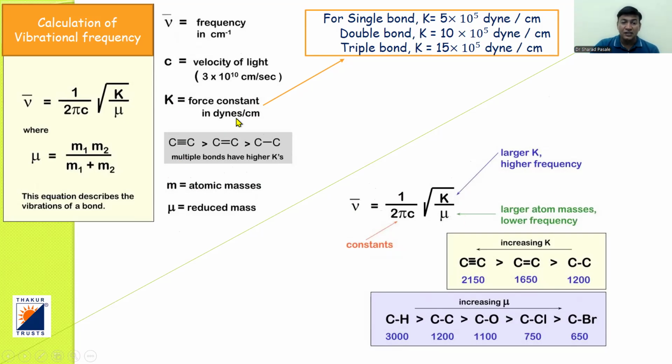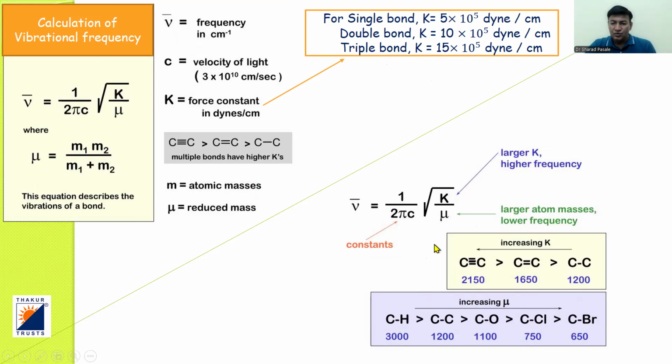The force constant is also different for single bond, double bond, and triple bond. Actually, that is in proportion. So here we have given the force constant for single bond and triple bond as well.